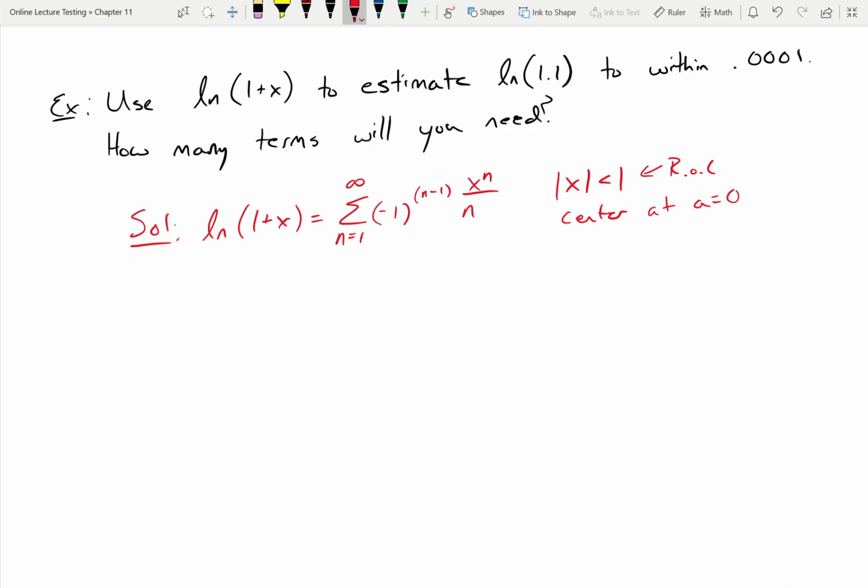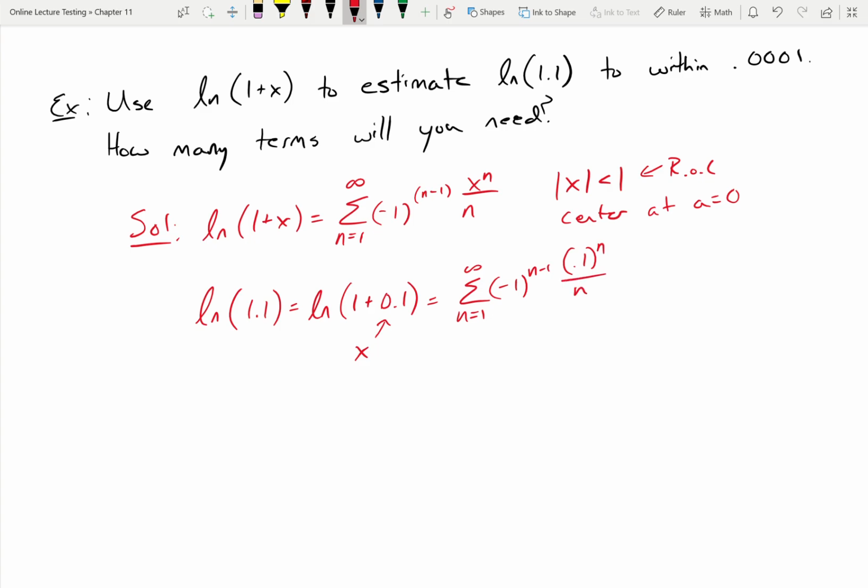So when we do this, we say the natural log of 1.1. Well, we want to match this. This is the natural log of 1 plus 0.1, which means this is our x value. So this is equal to the series as n goes from 1 to infinity of -1 to the n minus 1, 0.1 to the n over n.